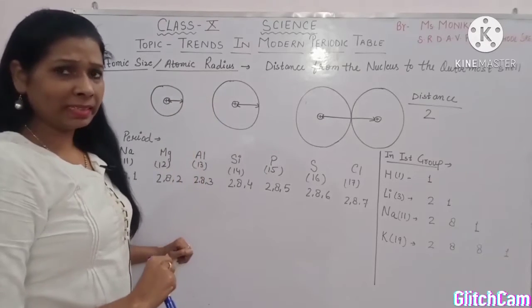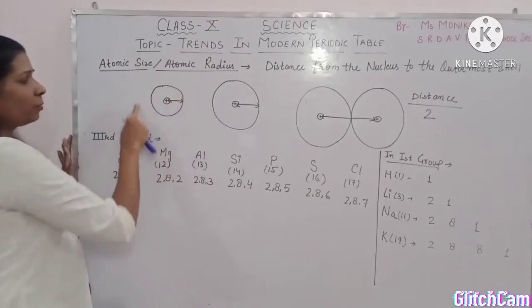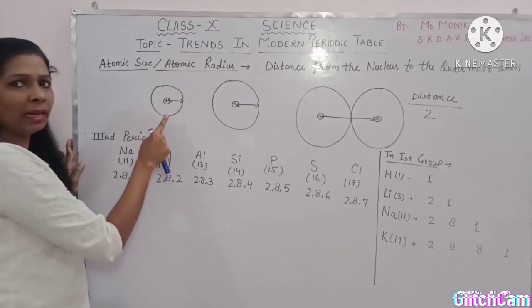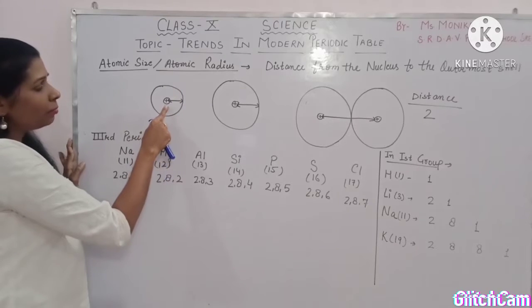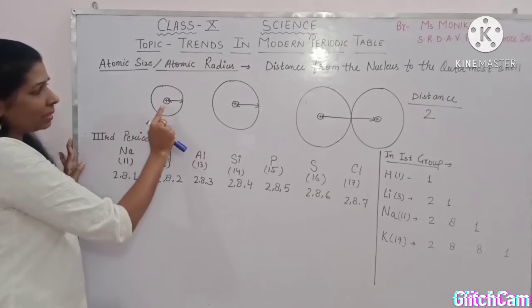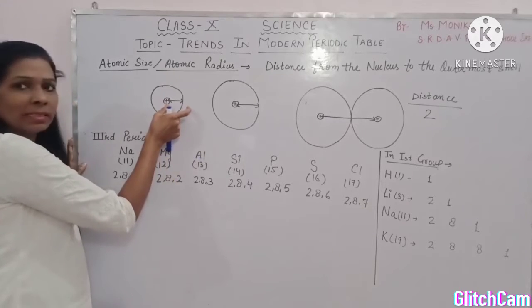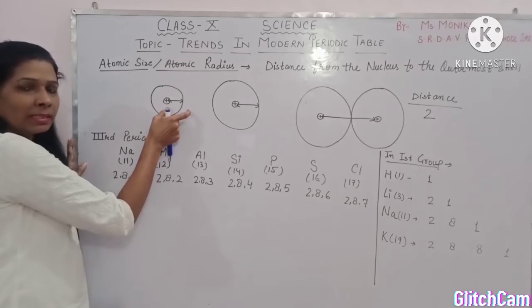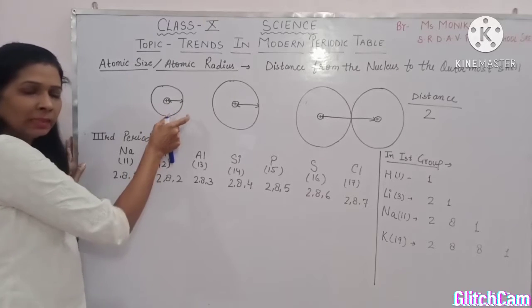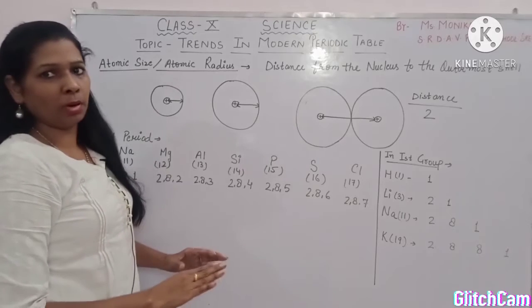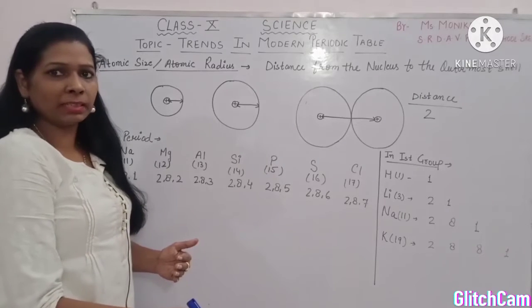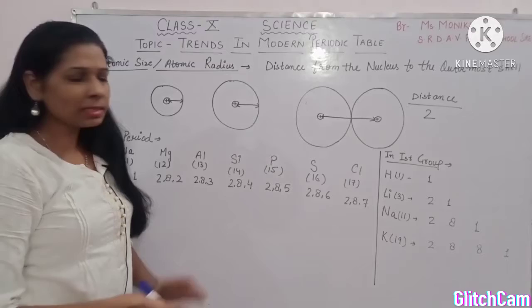You can take an example like this. If there is a single atom, then in that single atom we will measure the distance from the nucleus to the outermost shell, and this distance will decide the atomic size. If the distance is less, then the atomic size is small. If the distance is more, the radius is more, then the atomic size is larger.